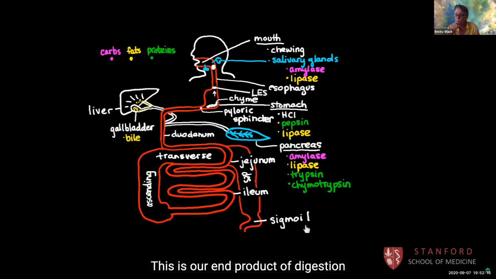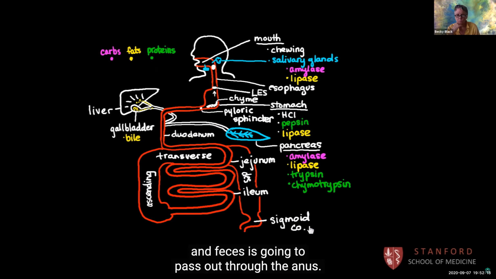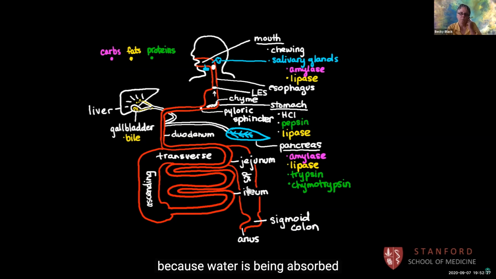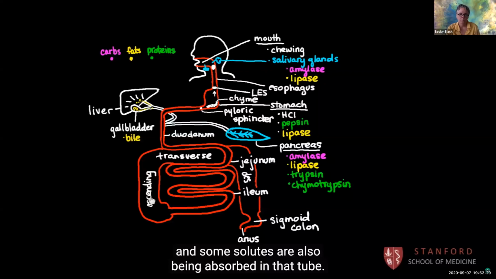This is our end product of digestion, and feces is going to pass out through the anus. So the longer the feces sits in the large intestine, the drier it's going to get, because water is being absorbed and some solutes are also being absorbed in that tube.